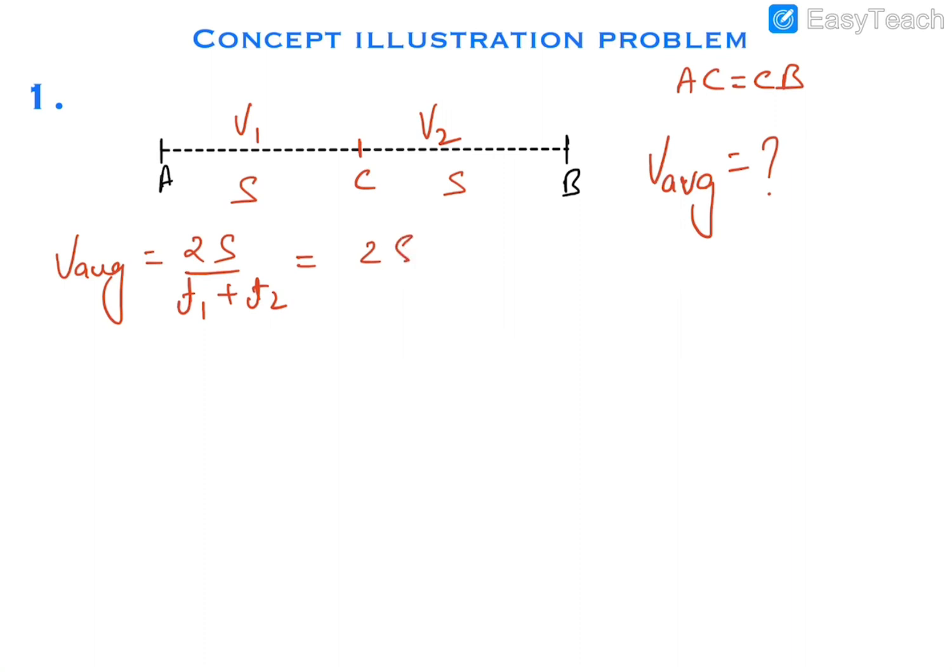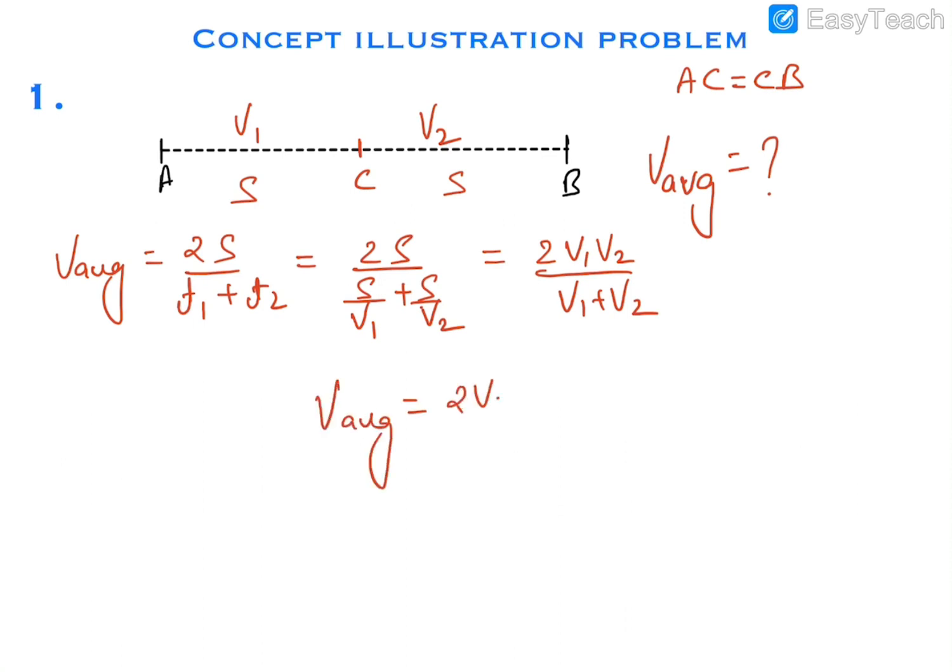Now we can write t1 as s by v1 and t2 as s by v2. So cancelling s with s, it would be 2 v1 v2 by v1 plus v2. So average velocity in this case would be 2 v1 v2 by v1 plus v2. You can also remember this conclusion.